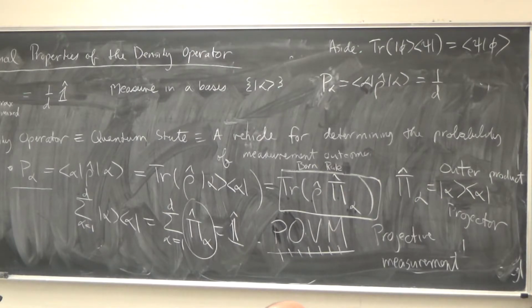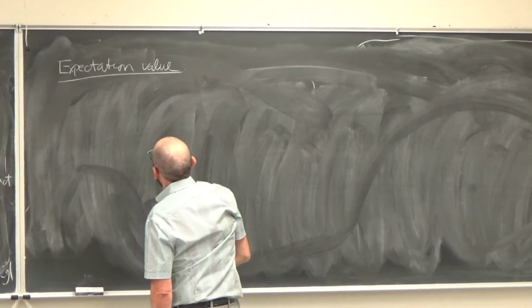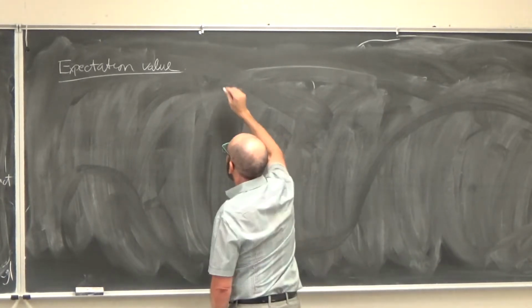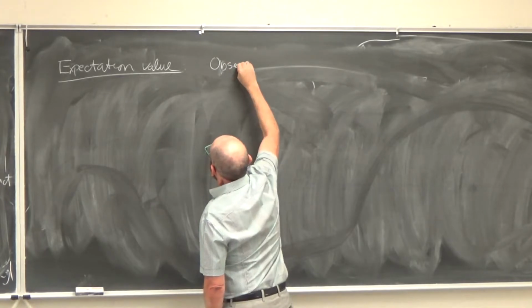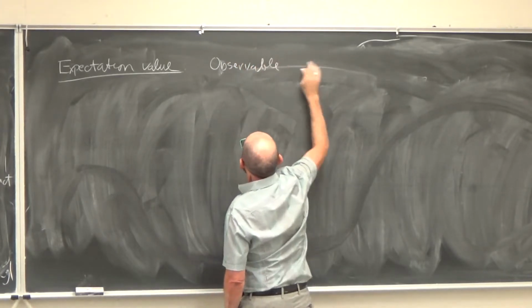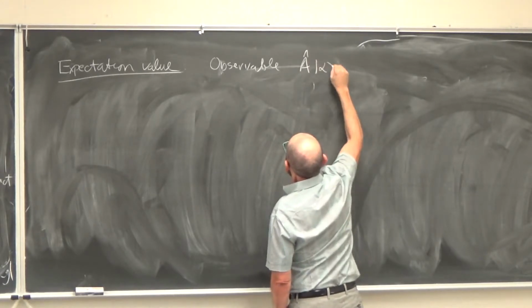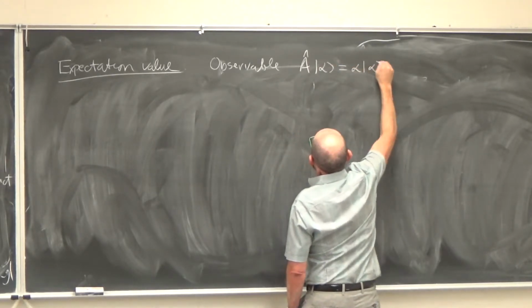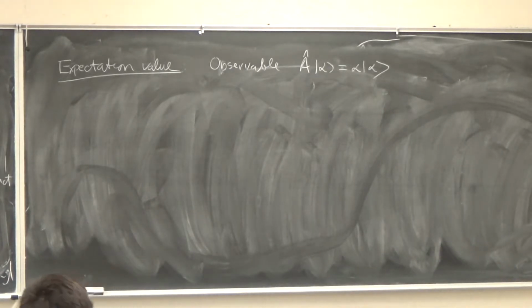Expectation values. Okay. So let's say I have an observable, a Hermitian operator, A, which has eigenvalues alpha and eigenvectors |alpha⟩.